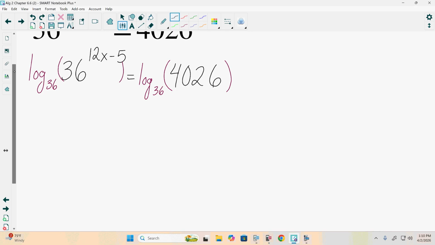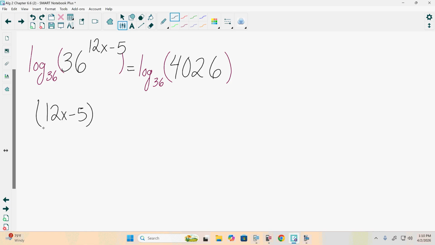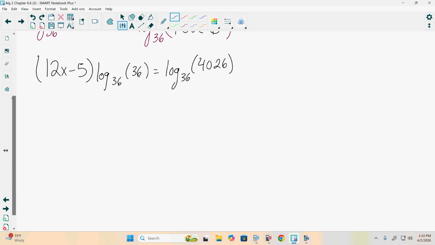So we can apply log base 36 to both sides. And on the left-hand side, we would get 12x minus 5 times our log base 36 of 36 equals log base 36 of 40.26. And as we said before, log base 36 of 36 is just 1.